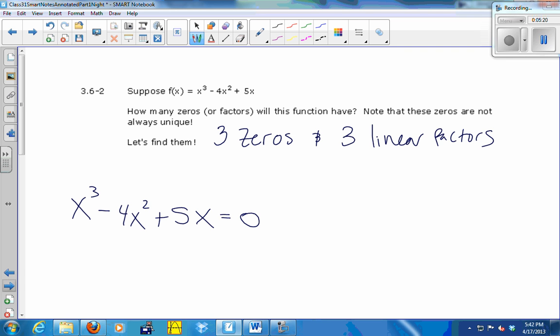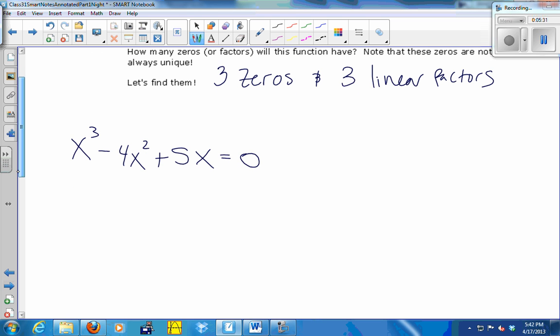So in this particular problem, I've been given a little gift. What's the gift? Yeah, there's an x in every term. So I can pull out an x. And I'm left with x squared minus 4x plus 5.